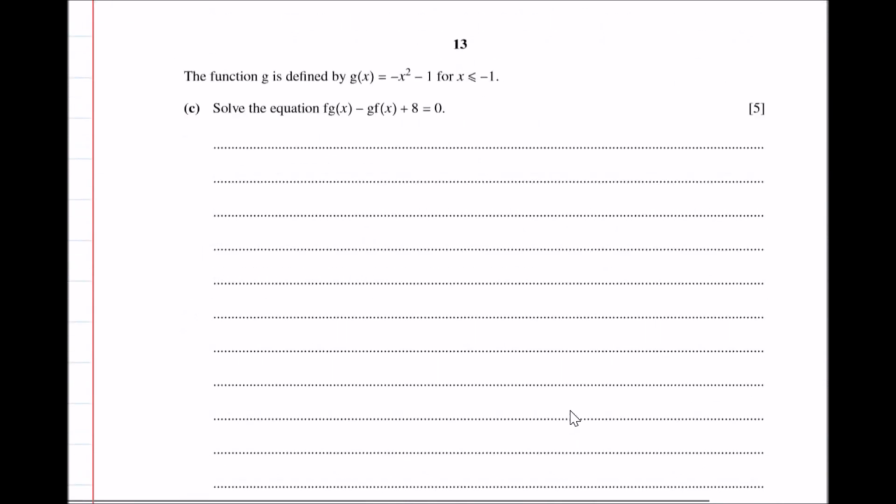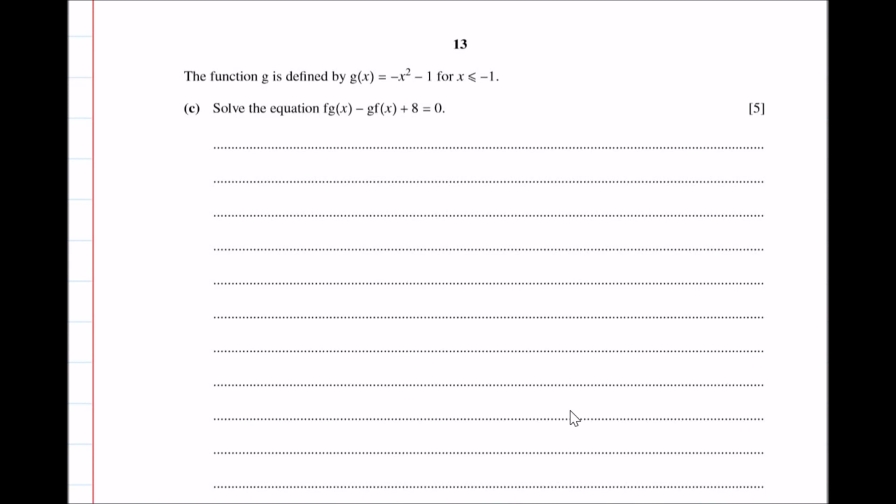Let's go to the next part. The function g is defined by g(x) equal to minus x square minus 1 for x less than equal to minus 1. Solve the equation f(g(x)) minus g(f(x)) plus 8 equal to 0.